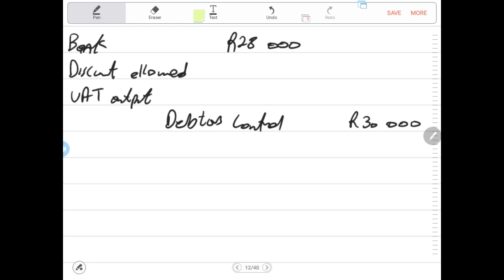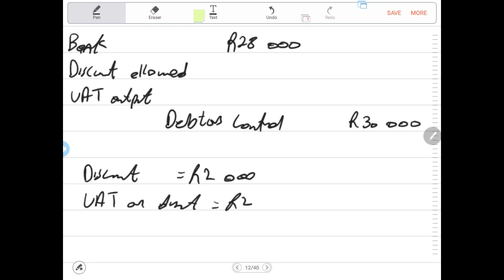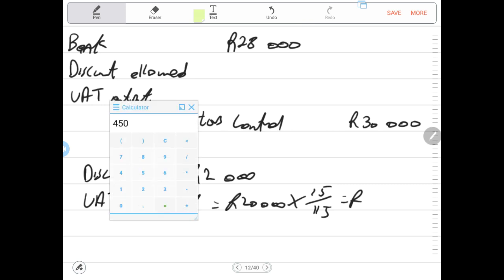Now we need to say how much is the amount of discount. The discount is 2,000. We need to calculate VAT on the discount. How much is the VAT? It will be 2,000 times 15 over 115. As I said to you, the amount of the discount includes VAT.